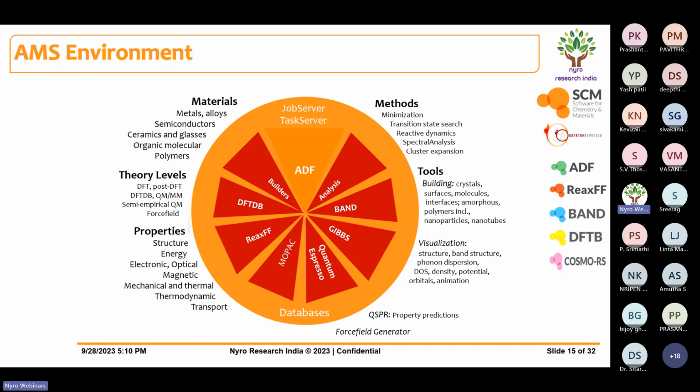The visualization panel for visualizing the structure, band structure, the dispersion correction, and the density of states, and also some force field generators. So this is about the overview of our AMS environment.